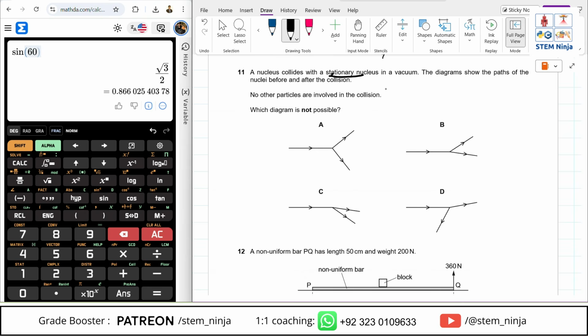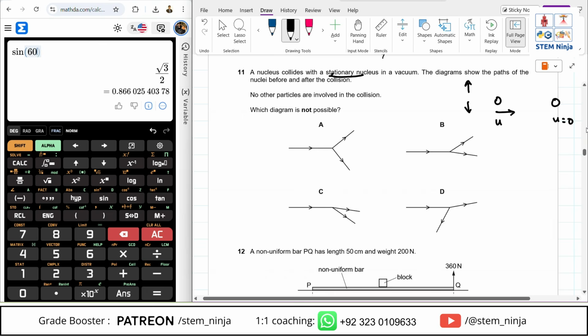Since both of these nuclei are very positively charged, we will expect a very high change in momentum. So we know that the momentum before and momentum after are conserved, and that also involves the perpendicular motion, not just the parallel motion. So one nucleus has u this way, some non-zero, and the other nucleus has velocity 0.